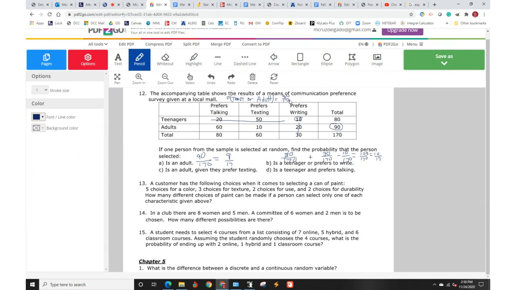And the probability of adult is 90 over 170. These are mutually exclusive. You can't be a teenager and an adult. So that part, like we had here, is 0. And this ends up being 170 over 170, of course.